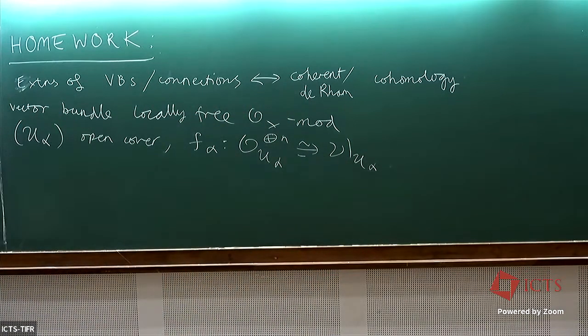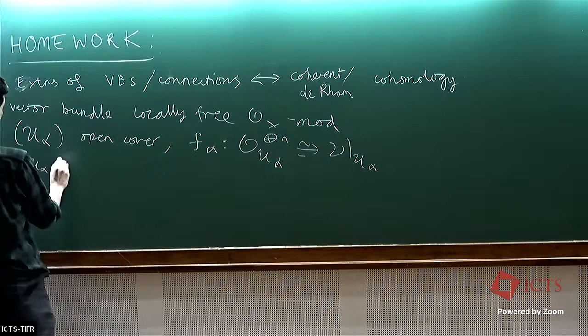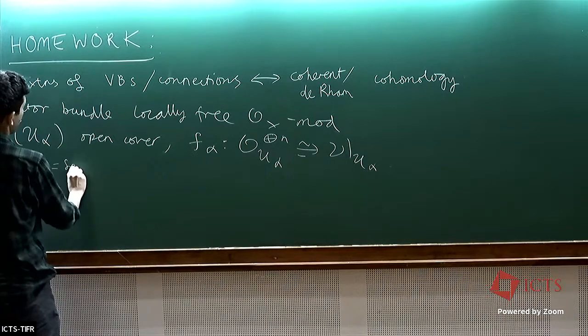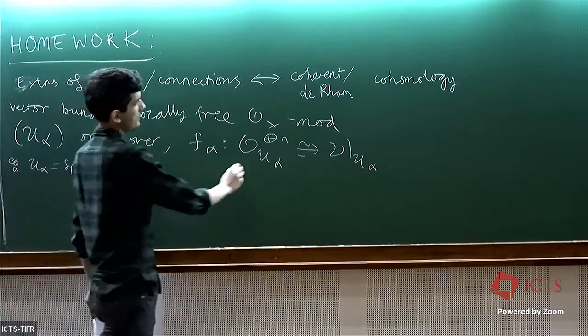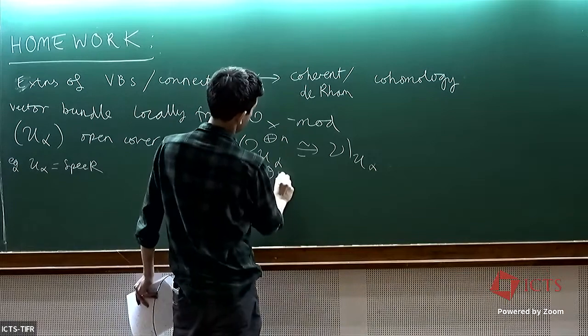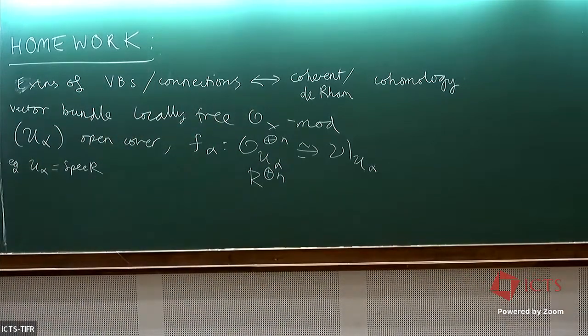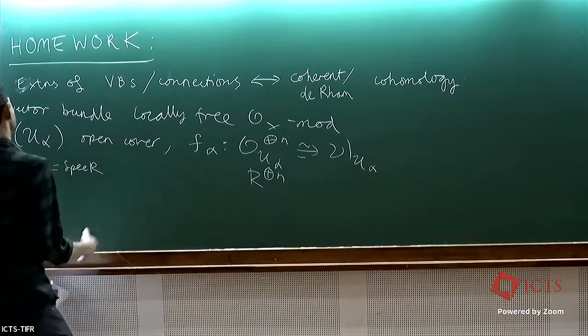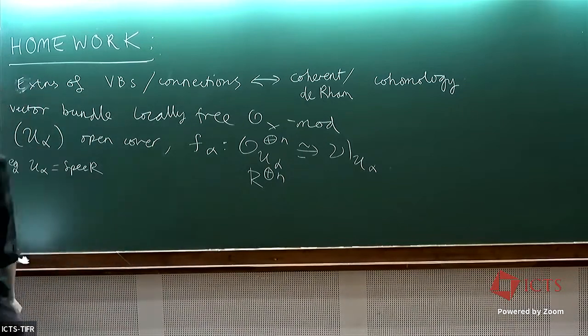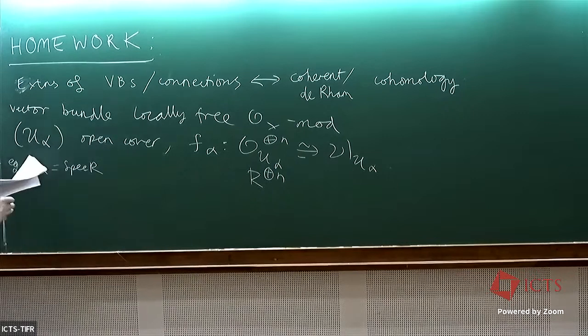So, for example, if U_alpha is Spec R, then we're locally affine, and this is just R^n. It's an R module, which is just isomorphic to R^n. But the interesting data of the vector bundle, if you write it like this, is the gluing data.